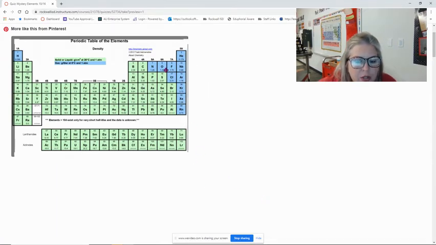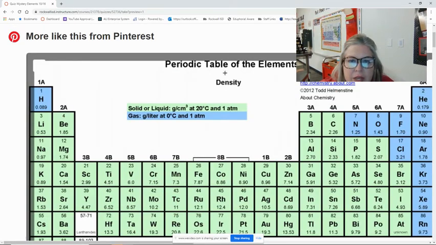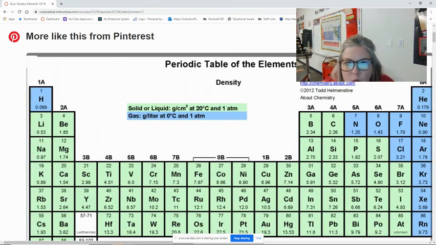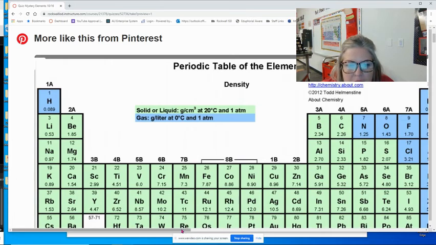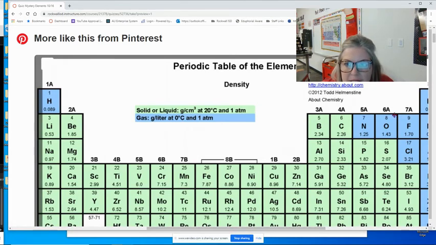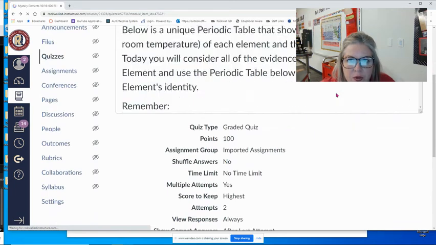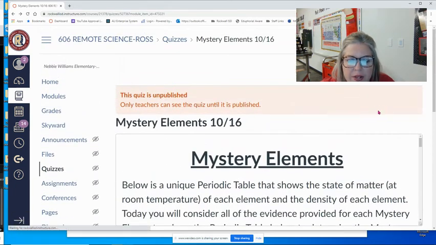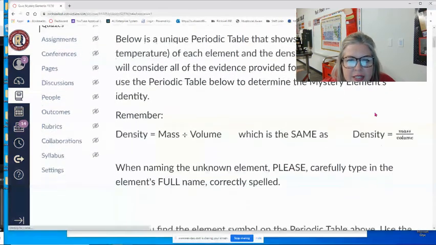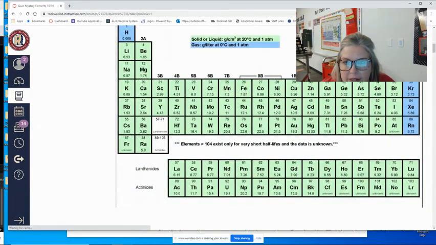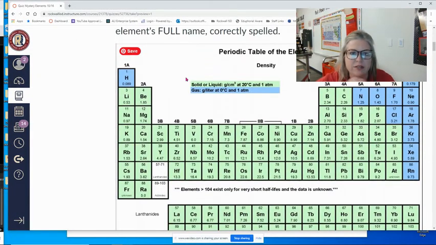I'm going to look really closely, and see where in the metals and the non-metals I can find this element. I am looking for the density of 0.9. This is a perfect view right here. This is a non-metal, 0.089. Well, that's close.